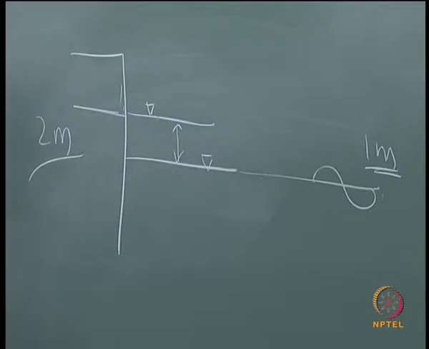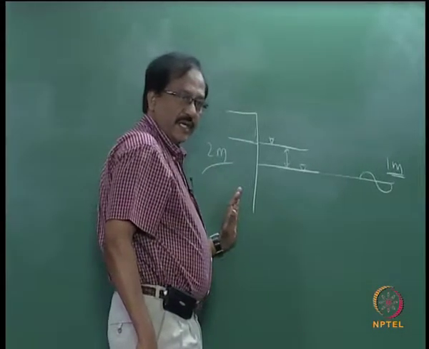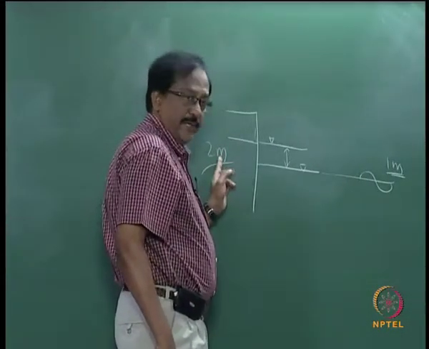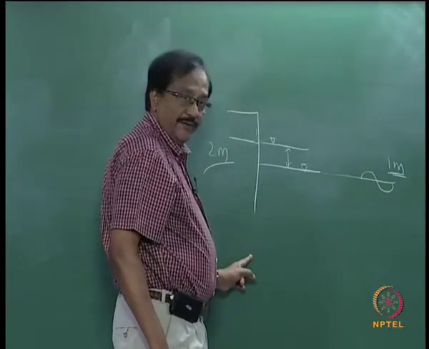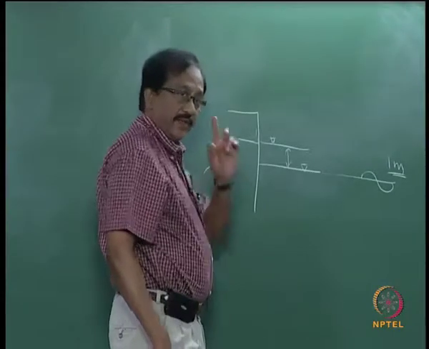This is because of the sudden obstruction, and for the wave height to be twice, you need to have the wall vertical and also impermeable.